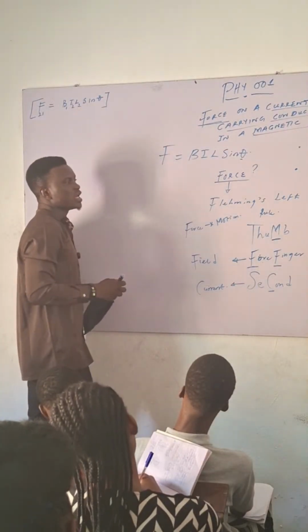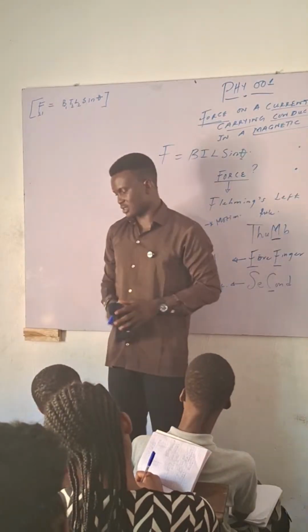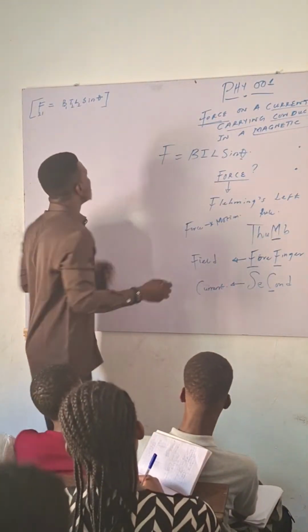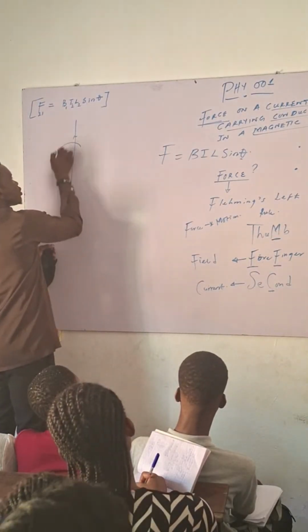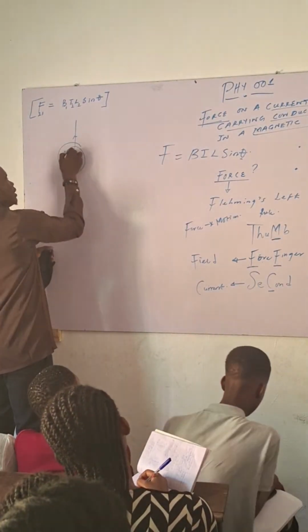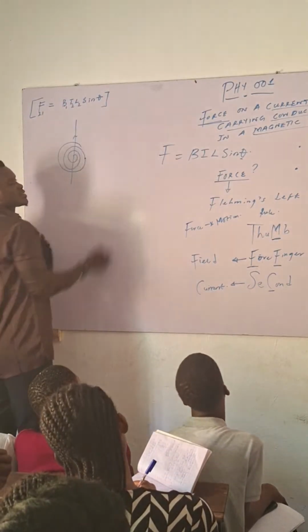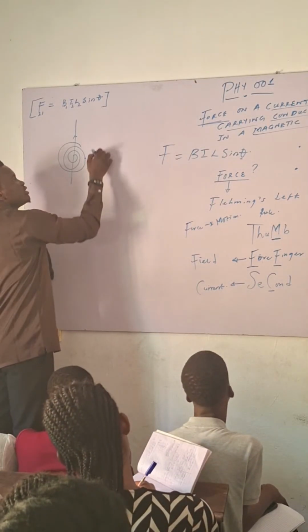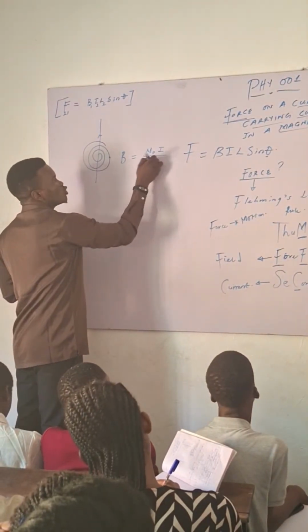So they will give you the length of the wire, they give you the field. Another thing is that you remember when we produced the field, we said the field always go in a concentric manner, like in a circular manner. The field at a point in a wire is given as mu naught I over 2 pi r.